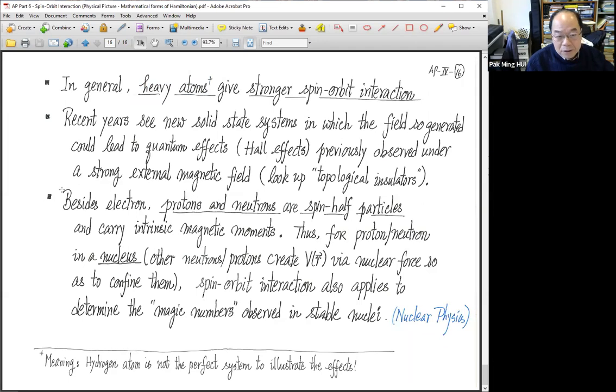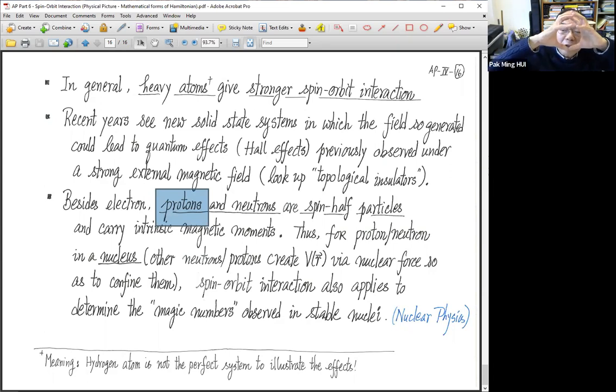Last comment. We have been talking about electrons living in solids, living in atoms. But the whole point is the electron has a spin half, and then there is a magnetic dipole moment, and it is charged. So if you think about a proton living in a nucleus, proton spin half.